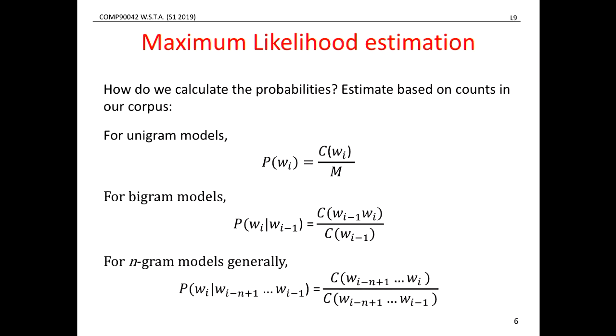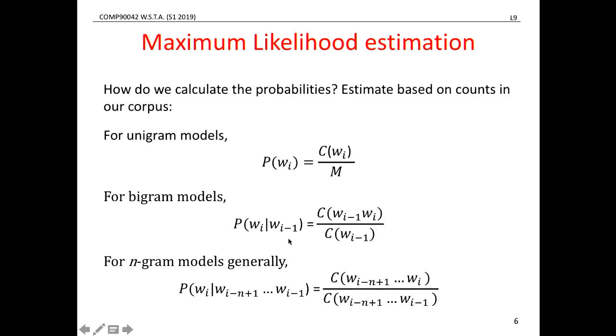So this is just a simple frequency, a normalized frequency. And similarly, if we look at, say, bigram model here, so if we're looking at the probability for words that come after a previous word, so a pair of words here, we're going to get the counts for the number of times that pair of words occurred, divided by the number of times that previous word occurred.